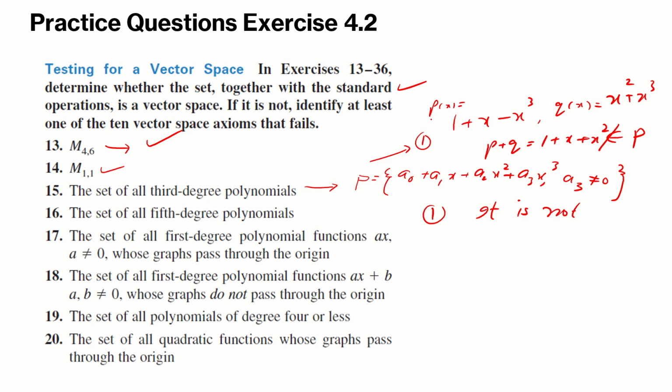I'm talking about question number 15. It is not a vector space.